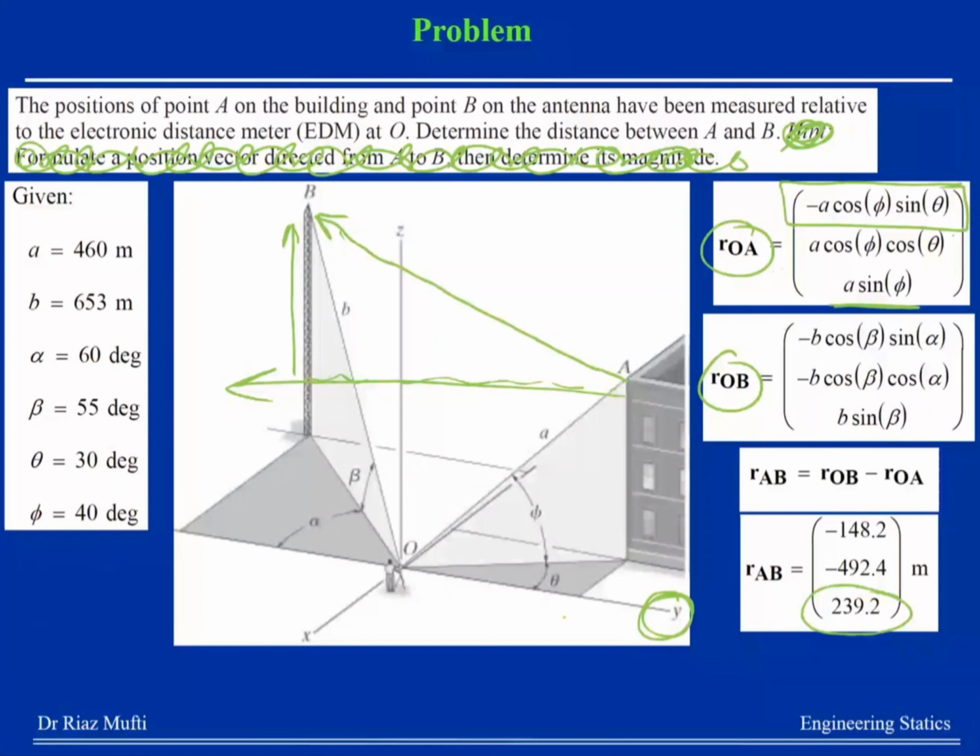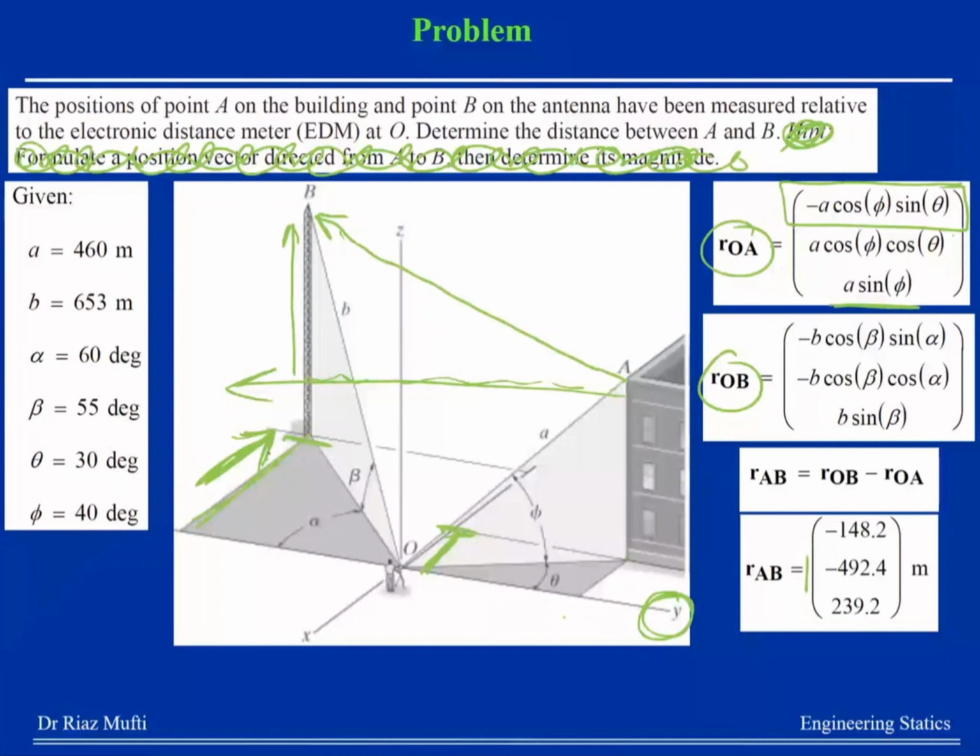And if you look at the distance given here for your A, and this is the distance given for your B, my X component is in this direction, which is negative. And therefore you got this negative number here.